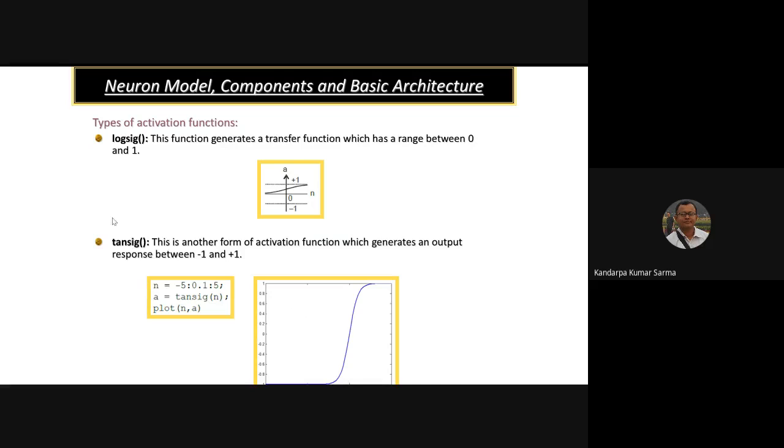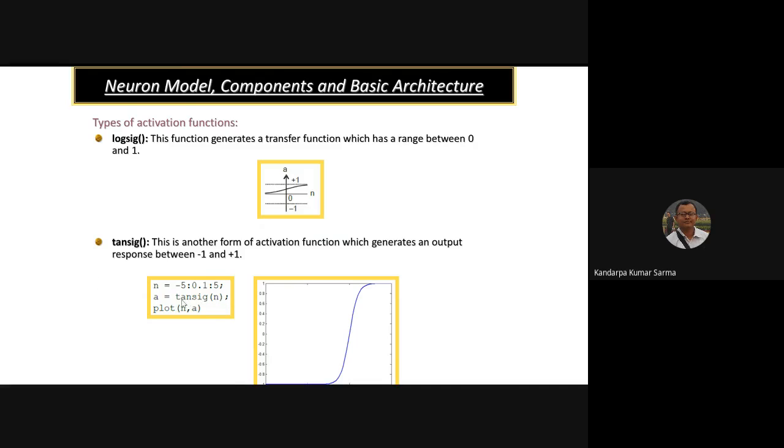Same way, we can use the built-in functions logsig and tansig for generating log sigmoidal functions and tan sigmoidal functions. Log sigmoidal functions will look something like this. There shall be a continuum of values between 0 and 1 that will have a structure of this type, and the tansig will have a continuum of values between -1 and +1.